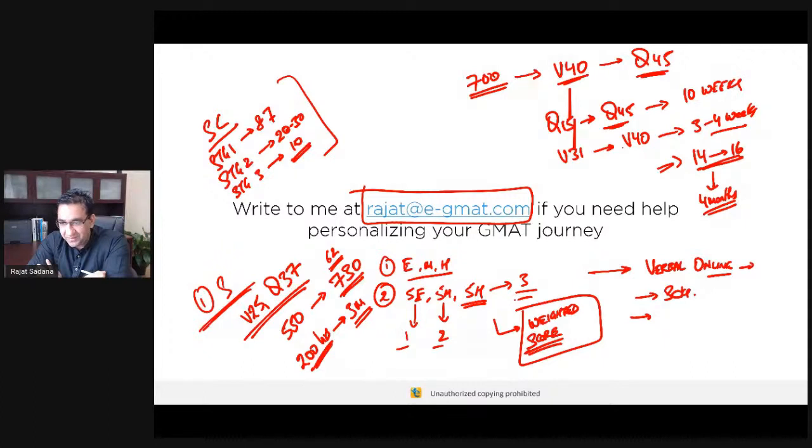Letitia says, I've heard that verbal is harder than quant. Is that true in the test? I actually think quant is harder than verbal, because scoring high in quant is harder, just because there are so many people who are good at quant. Again, remember, GMAT's a comparative test. If you ask a Chinese or a South Korean, is verbal hard?